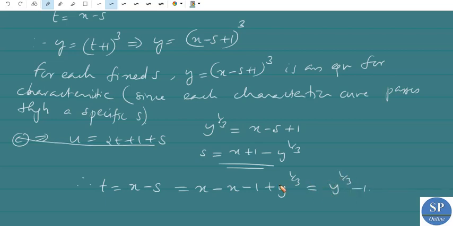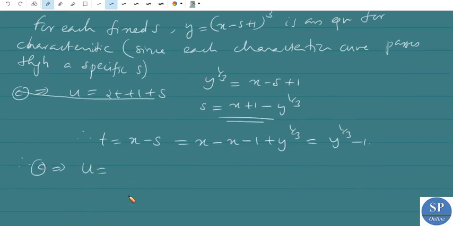This is t. So replacing this t and s in our u, which was 2t plus 1 plus s, therefore c implies u equal to 2t plus 1 plus s. This is nothing but 2 into y power 1 by 3 minus 2 plus 1 plus s, so plus x plus 1 minus y power 1 by 3.